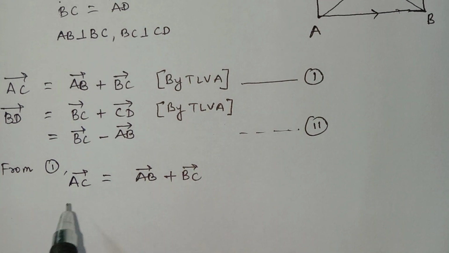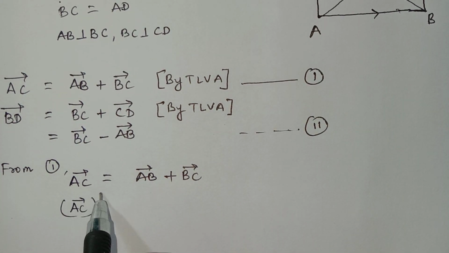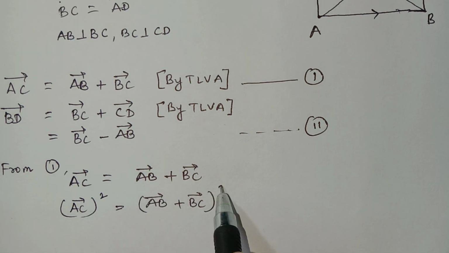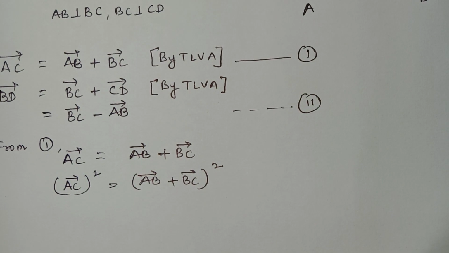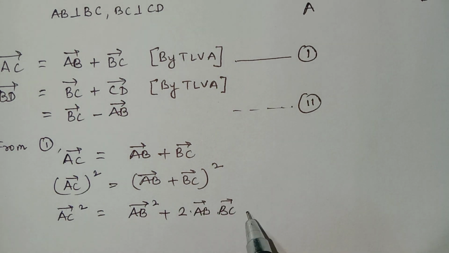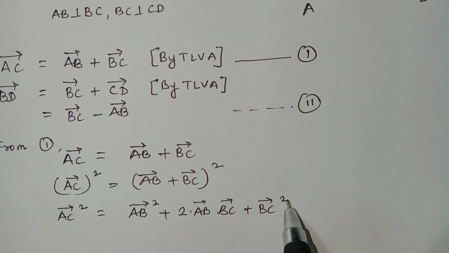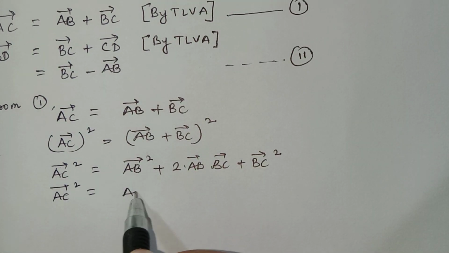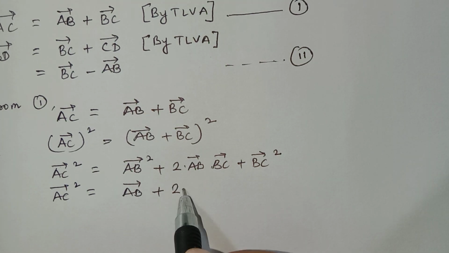Squaring both sides, AC vector square equals AB vector plus BC vector square, which is vector AB square plus 2 times vector AB dot vector BC plus BC vector square. And this gives vector AC square equal to AB square plus 2 times 0.